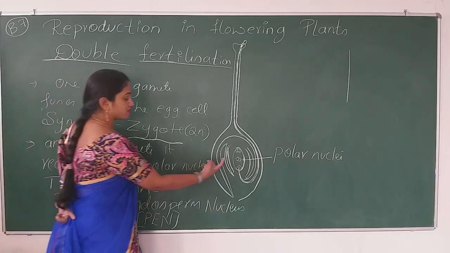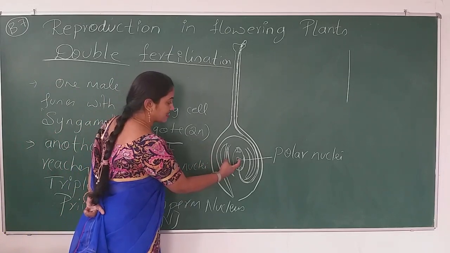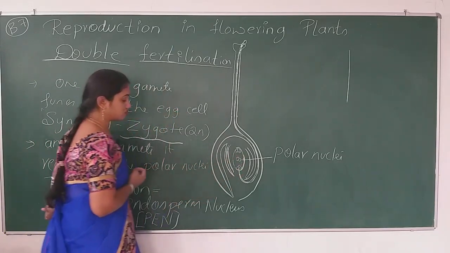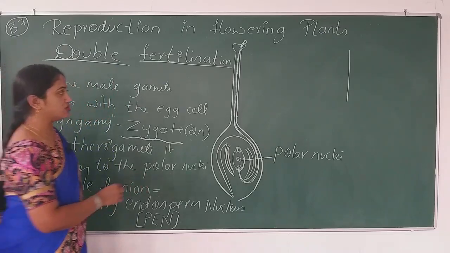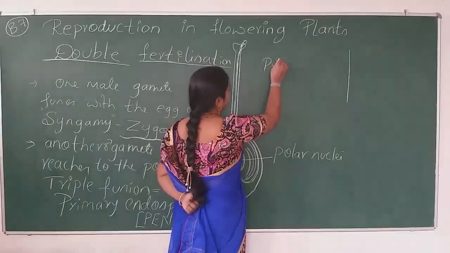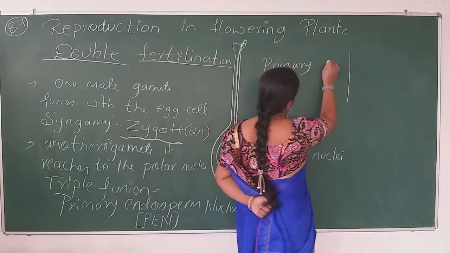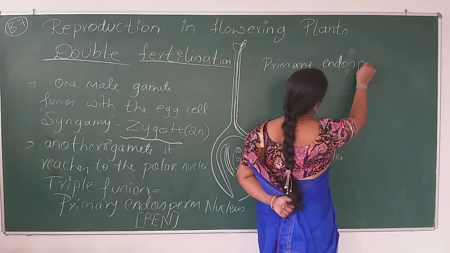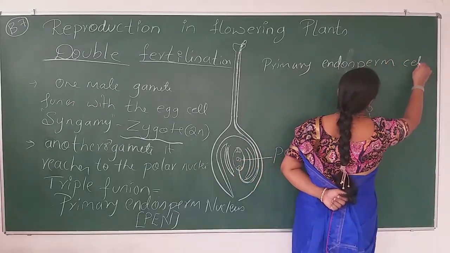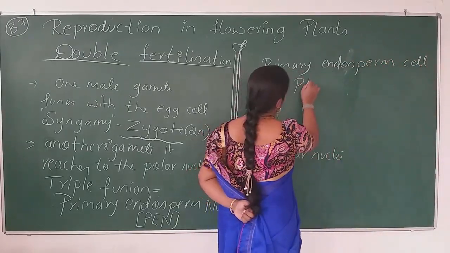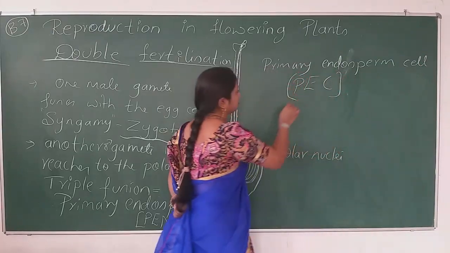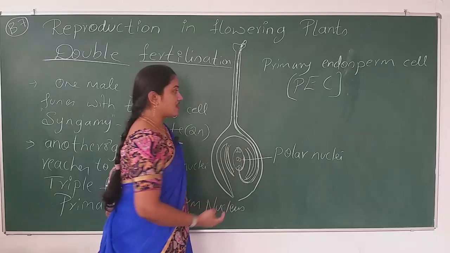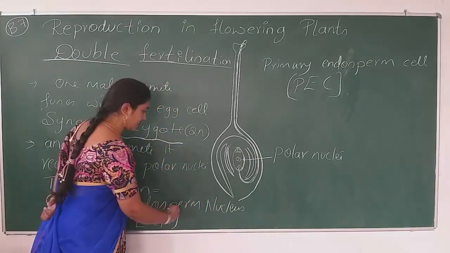The cell which contains the primary endosperm nucleus is known as the primary endosperm cell, in short PEC. So PEC is a cell having the primary endosperm nucleus.